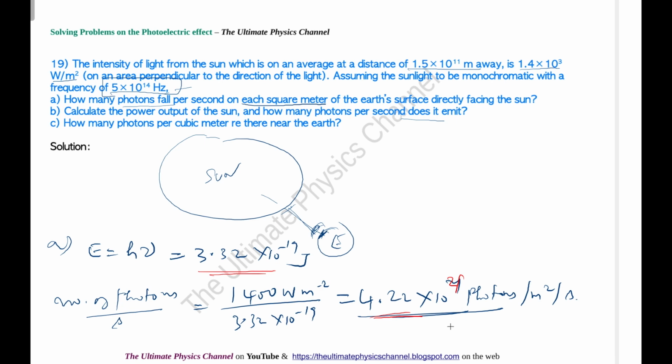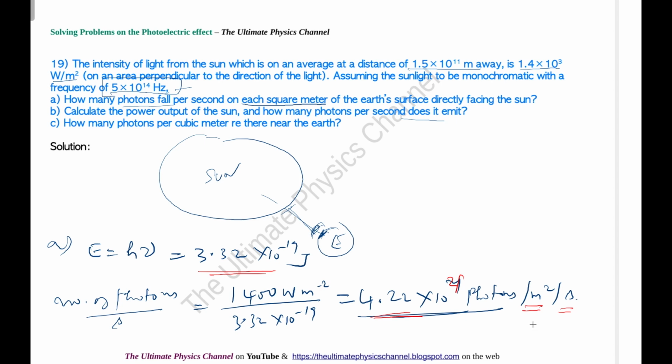Now if you divide this by the speed of light, we will get the answer for this particular part, right? Because we have here number of photons per unit area per second.